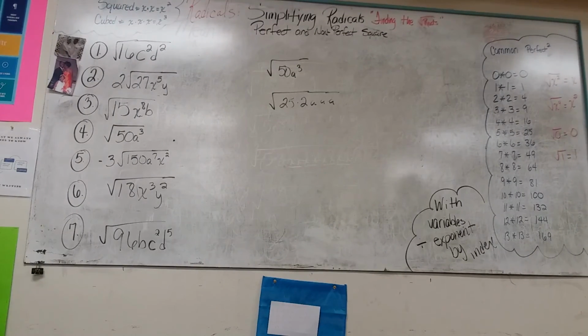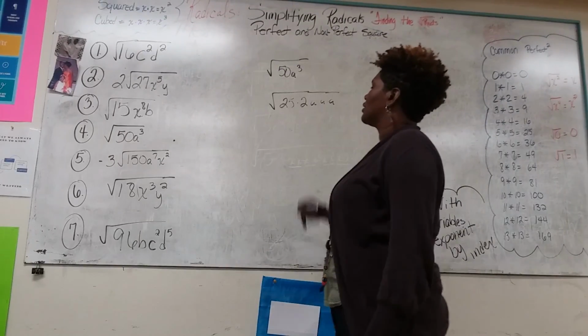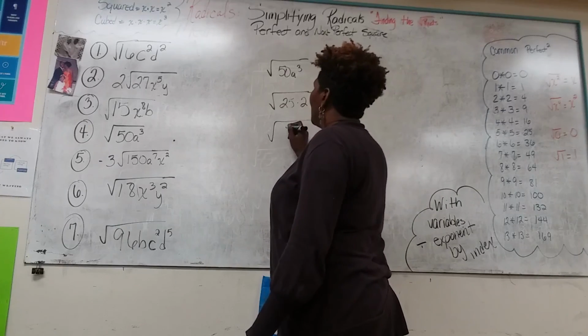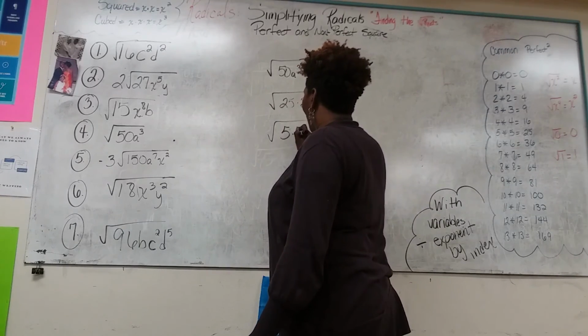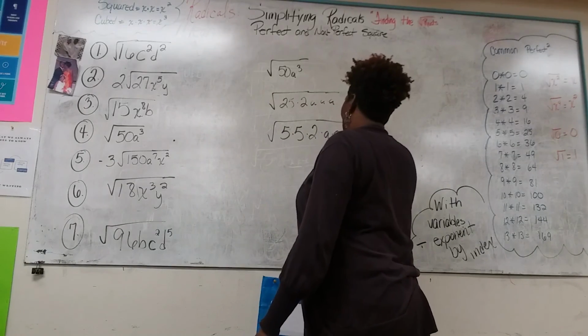So, with that said, I'm skipping a step. So now let's break 25 down. 25 is just like saying 5 times 5 times 2 times A times A times A.